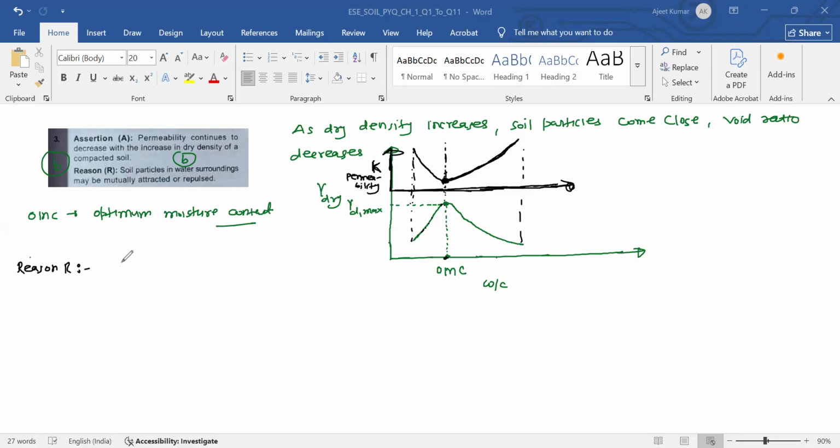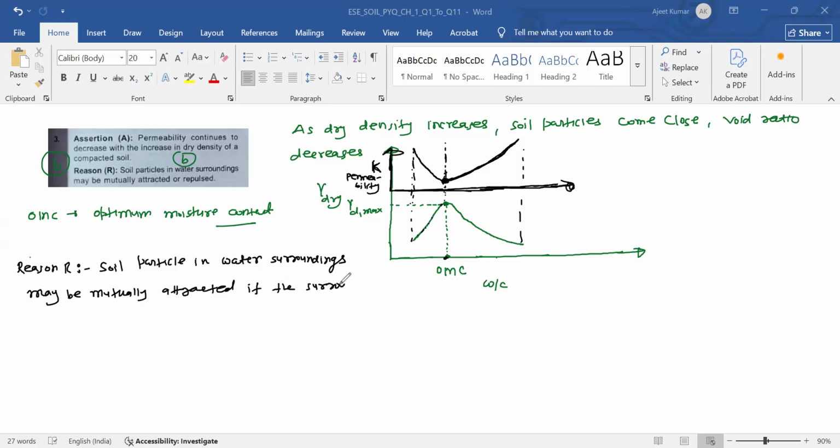Let me discuss why it is so. Soil particles in water surrounding may be mutually attracted if the surrounding is dry side of optimum.